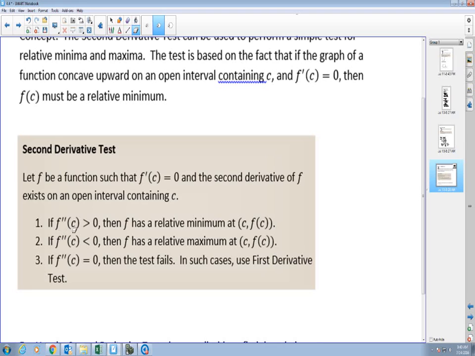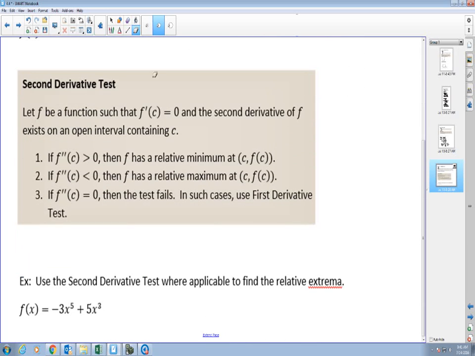So if f double prime of c is greater than 0, there is a relative minimum. If f double prime of c is less than 0, there's a relative maximum. If f double prime of c equals 0, then the test fails. We're going to go back and use the first derivative test. So let me show you how it works. This is not hard.